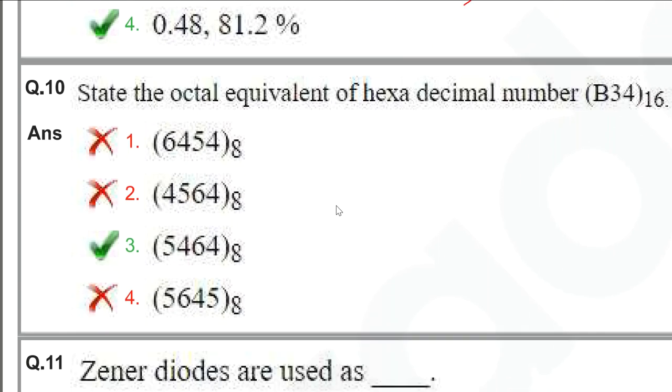Next one. This question is from digital electronics. State the octal equivalent of the hexadecimal number B34 in base 8. First of all, we convert this hexadecimal value into binary.